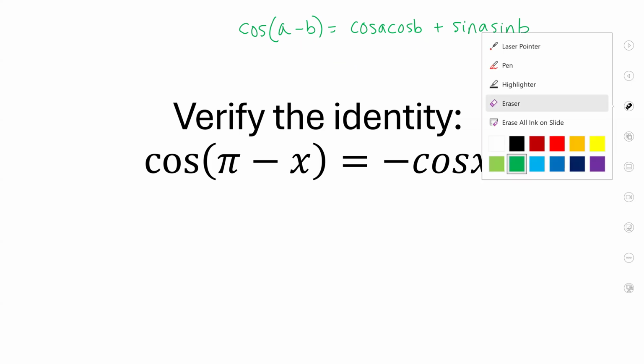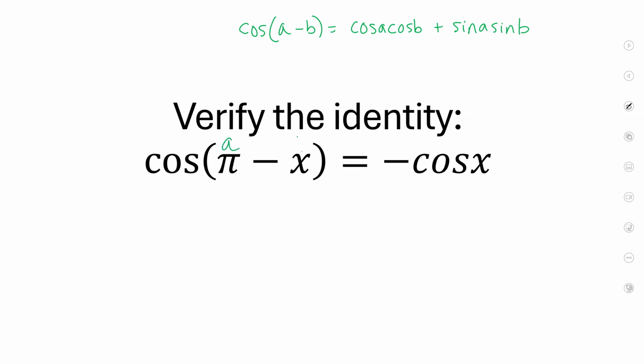Okay, so in this example, this is my A, this is my B. So I'll do cosine of A, cosine of B, plus sine of A, sine of B.